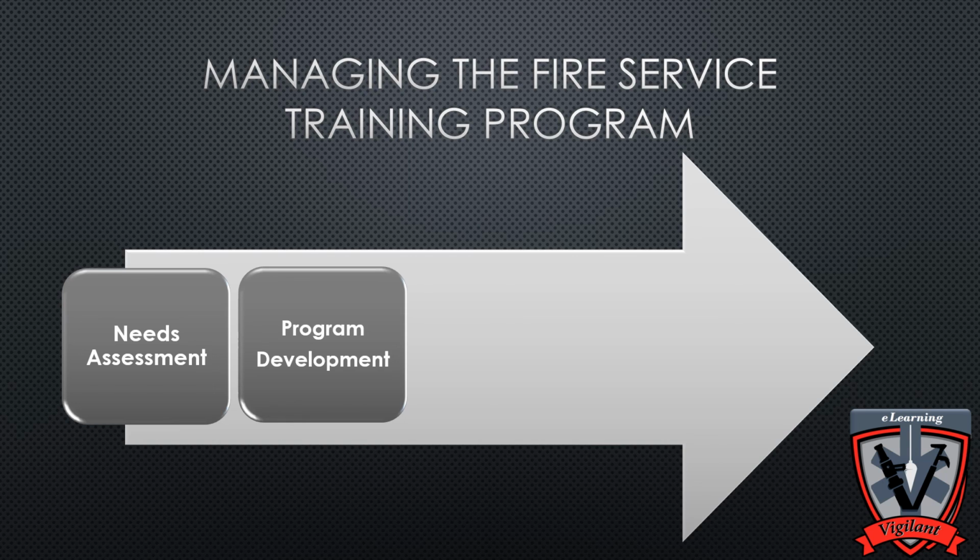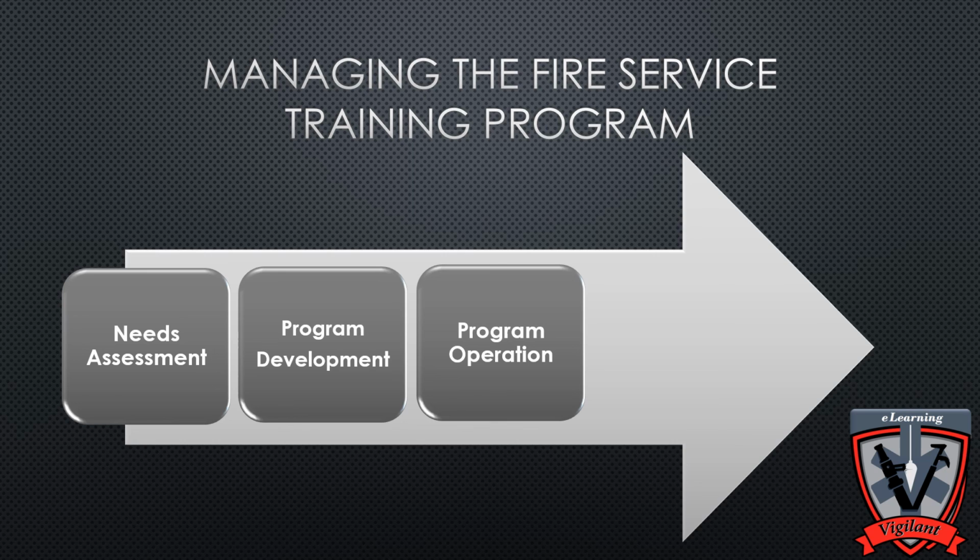We then develop a program that's going to meet those needs, that's based on the job descriptions and the job performance requirements of the firefighters who are operating for us, dependent to the job or the service that we are providing. We then operate a program that uses a methodology called proficiency cycle training to deliver all of our curriculum in a logical method.